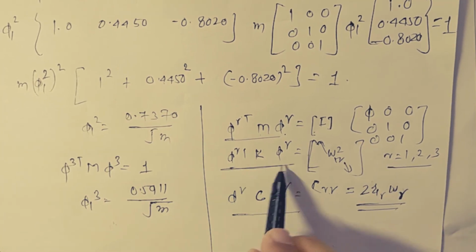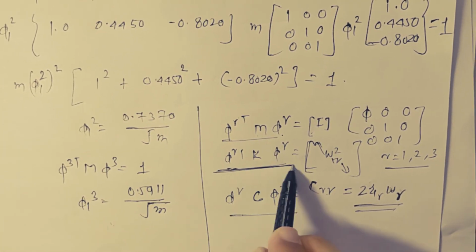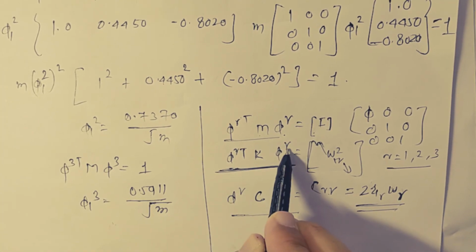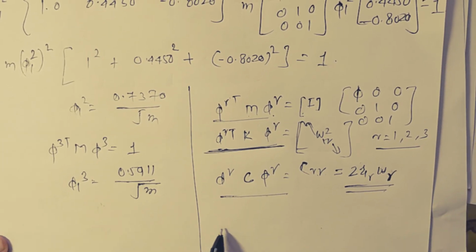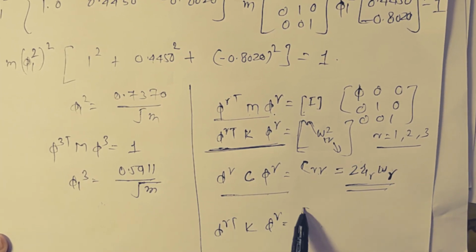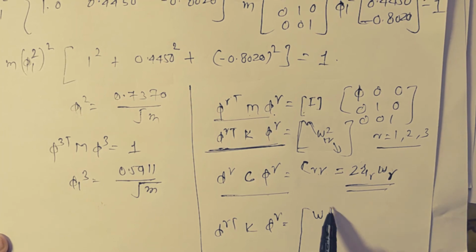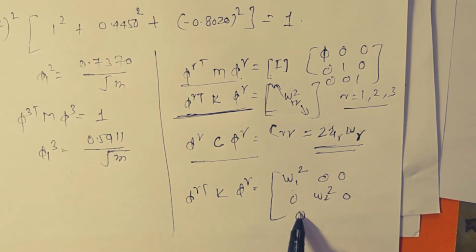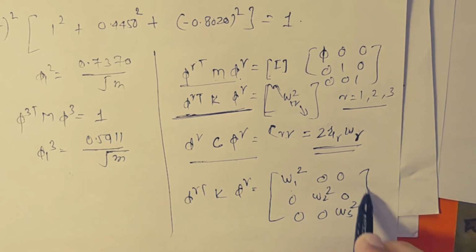And if we apply phi r transpose k phi r, we get omega 1 squared 0 0, 0 omega 2 squared 0, 0 0 omega 3 squared.